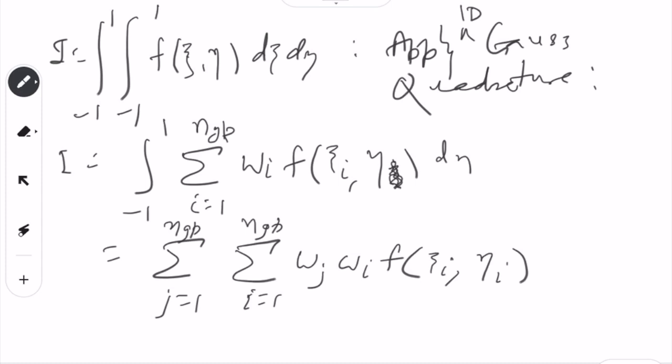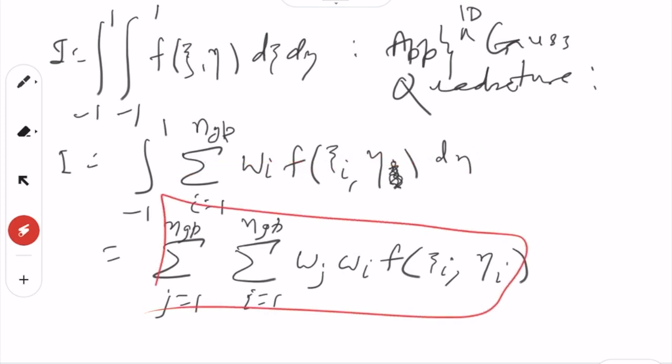This is how we can do it in 2D: we take xi and eta one at a time and treat each as 1D. We integrate in one dimension, then integrate in the second dimension.